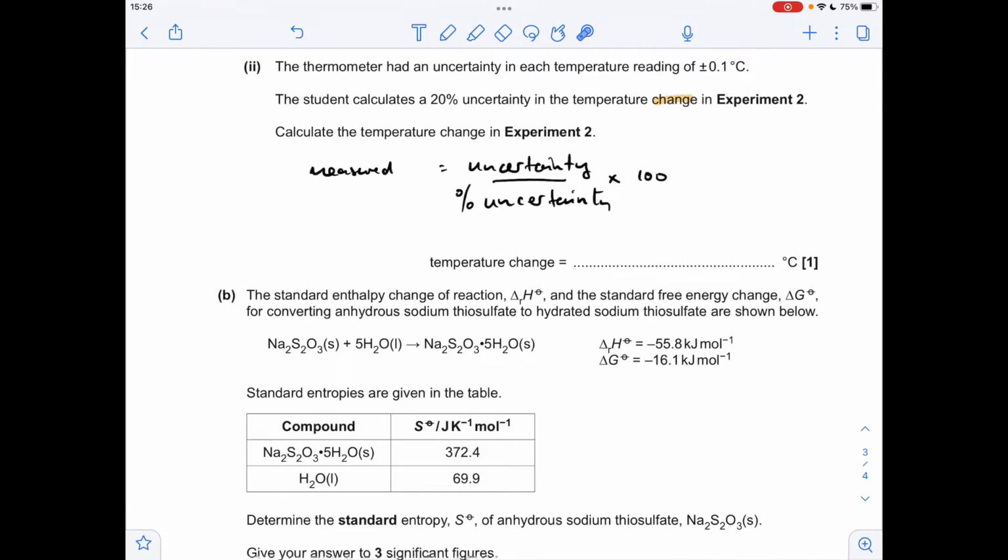So we want to calculate what's being measured, so it rearranges to this. Measured equals uncertainty over percentage uncertainty times 100. So substituting the numbers in gives us this, but because we're calculating a temperature change, we double the error, because there's an error in the initial and final temperature. So that's why that's being highlighted there. So putting the numbers in gives a temperature change of 1 degrees C for experiment 2.